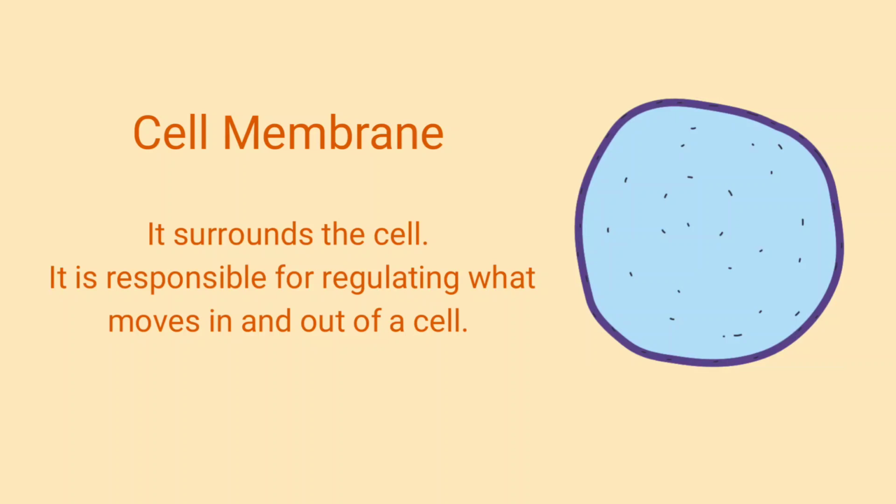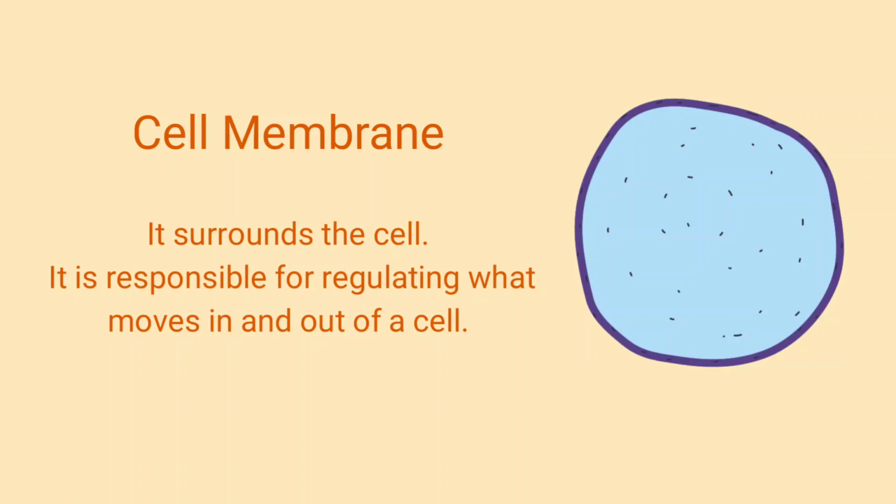So it is living and it is selectively permeable. It gives a structure to the cell, and it helps to hold all the cell organelles in the body. This was all about the cell membrane.